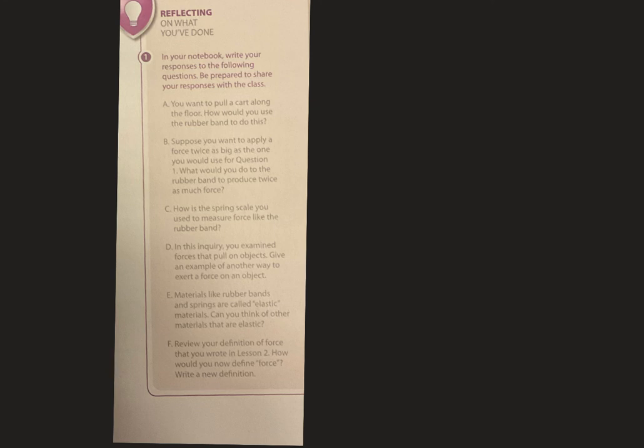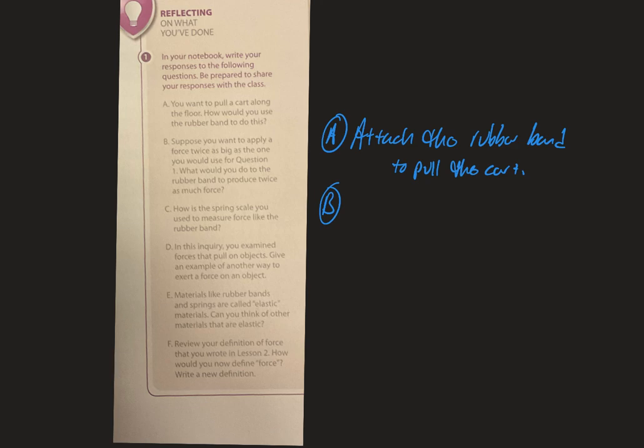Well, pretty simply, attach the rubber band to pull the cart. B, suppose you want the force to be twice as big as the one from question 1. What would we have to do to the rubber band to produce twice the force?